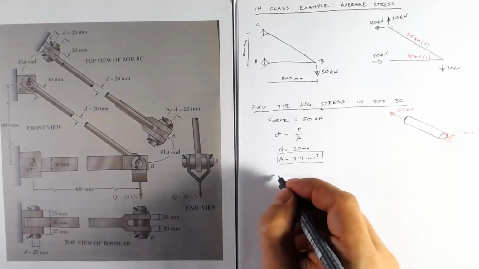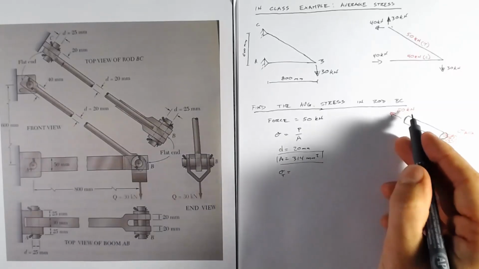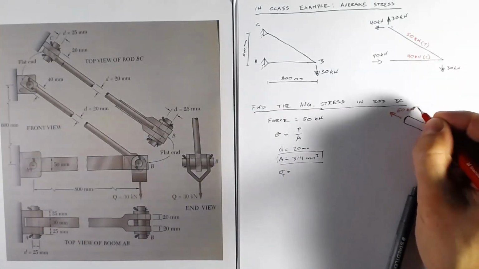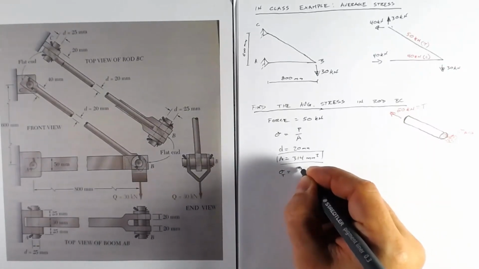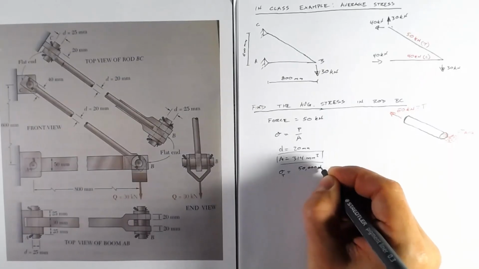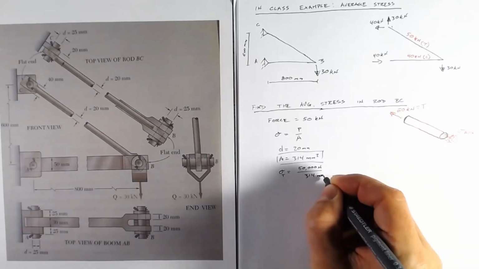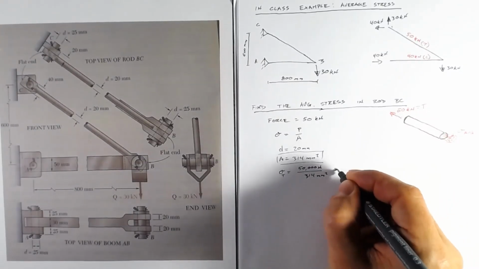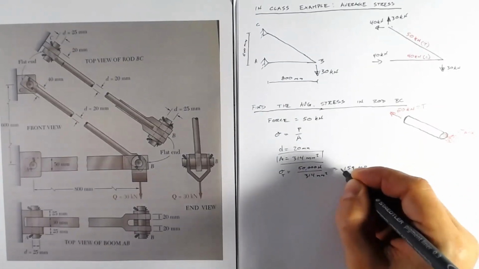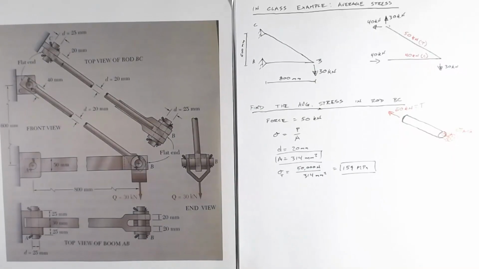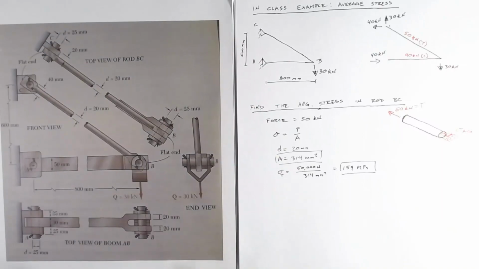So we will have our stress in tension, with T equal to 50 kilonewtons. That's 50,000 newtons divided by 314 millimeters squared, and that equals 159 megapascals. Cool, that's nice and straightforward. So now we know what the stress is in this member.